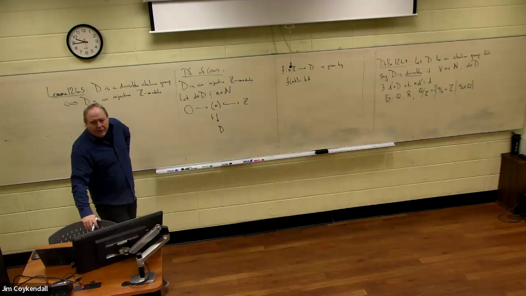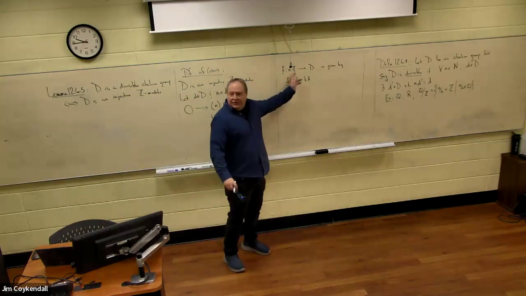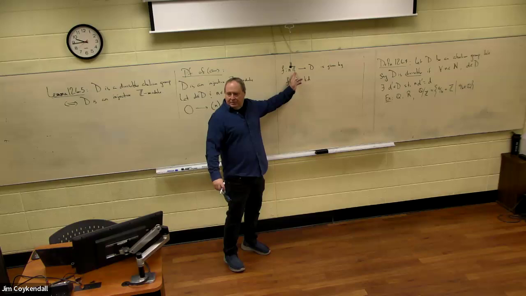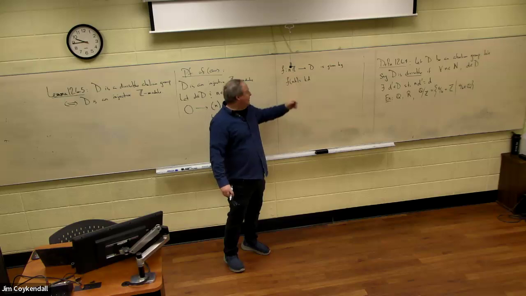You can go ahead and verify that this is a module homomorphism if you want, but I'll tell you a slick way to think about this. NZ is a free Z module, right? It's free on N. Yes, it is a proper submodule of Z, but that doesn't matter. It's isomorphic to Z. It's free on N. N is the basis element here.